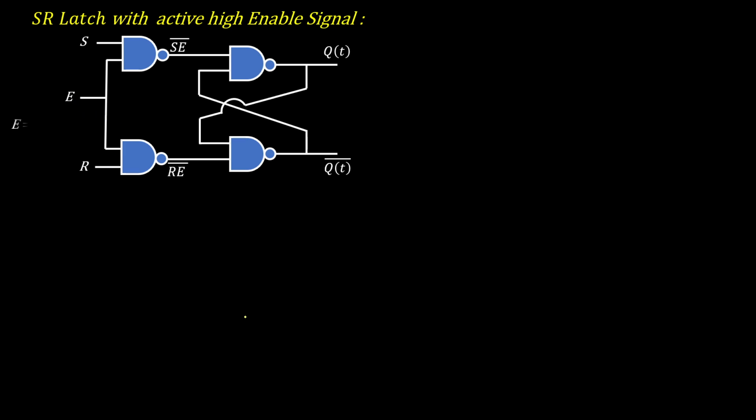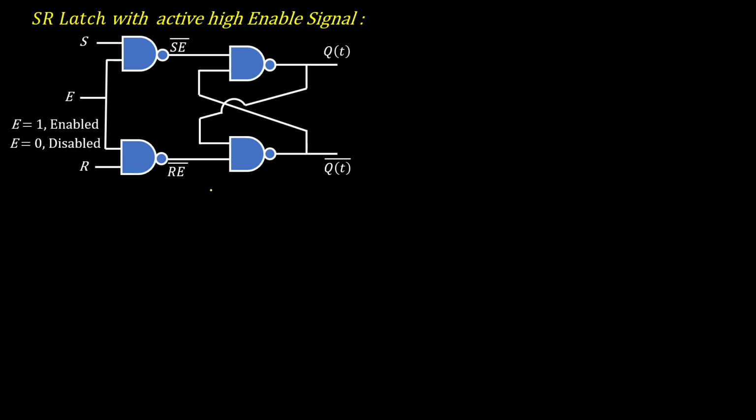If this enable signal E is 1, this SR latch will act normally. And if this enable signal is 0, then SE bar becomes 1 and RE bar becomes 1. So this entire circuit will be disabled.